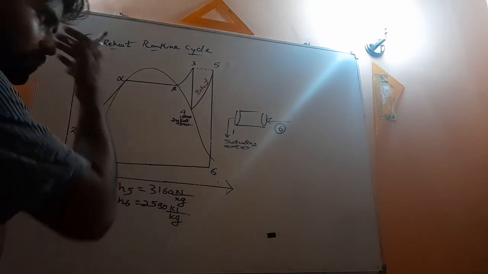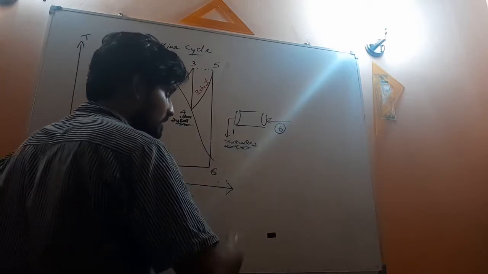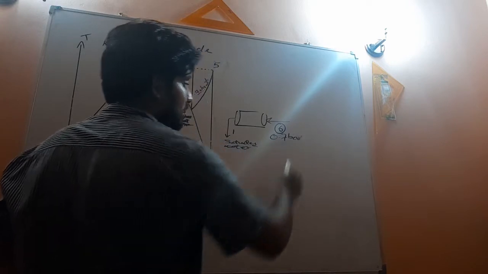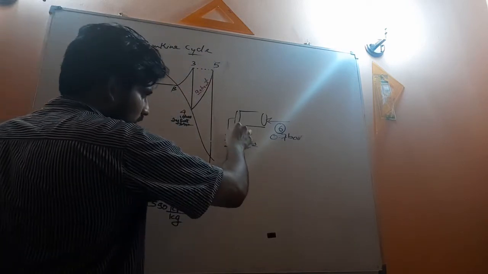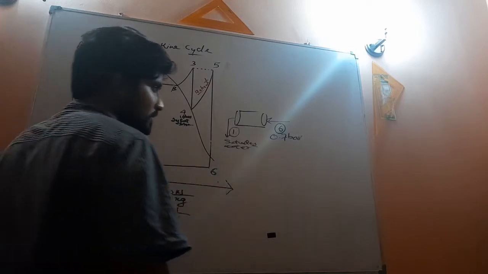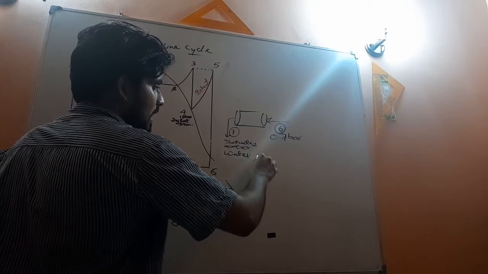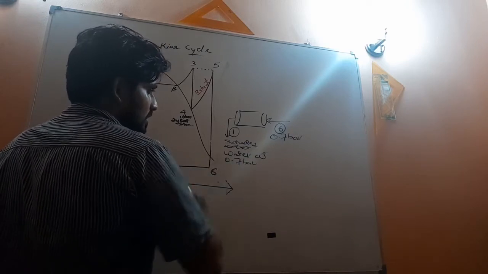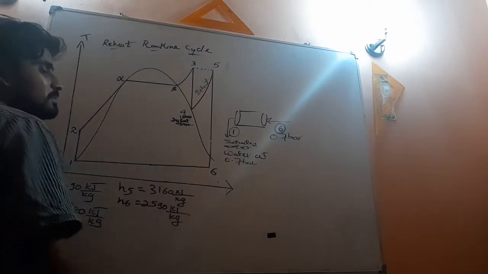So now you know the final expansion stage proceeds until 0.7 bar. That means after the condenser, at position 1, what you have is water at 0.7 bar. That means at this point you have saturated water at 0.7 bar.